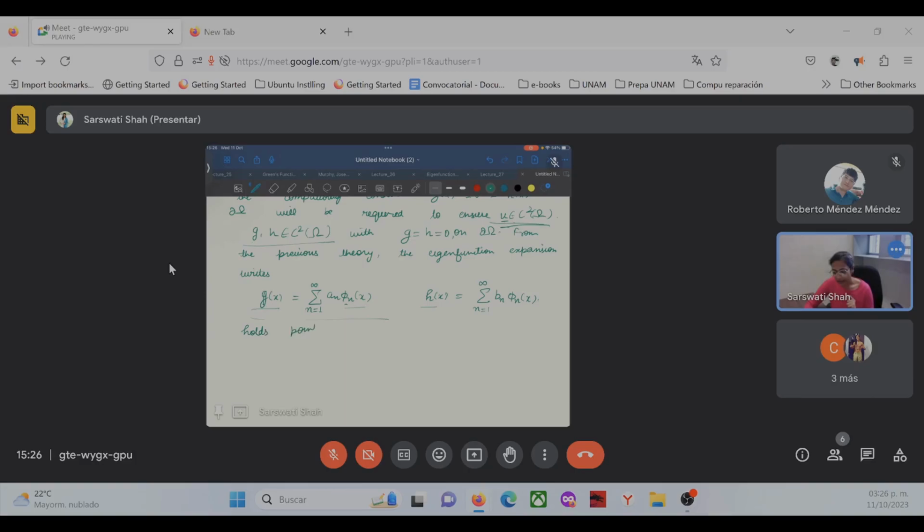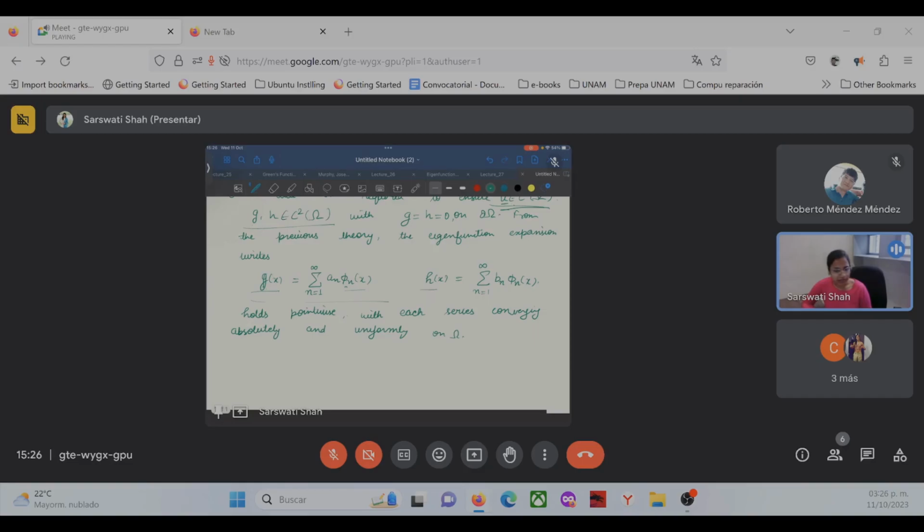We say this with each series converging absolutely and uniformly on omega.